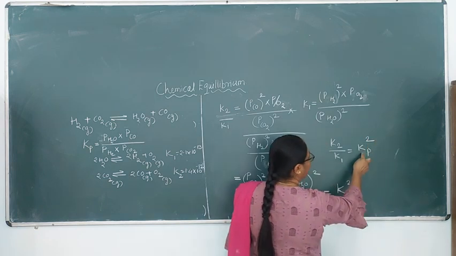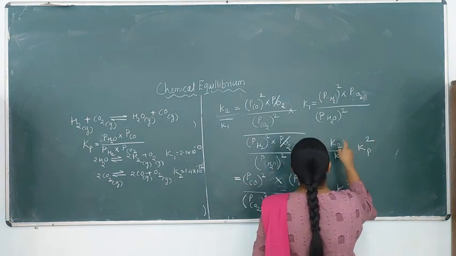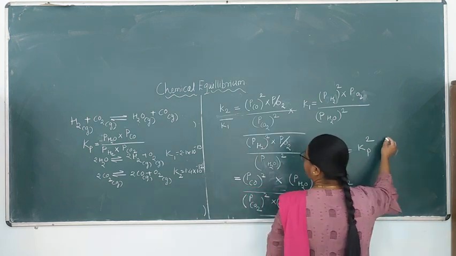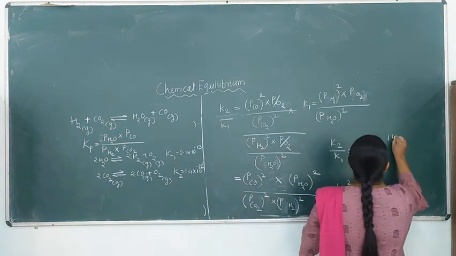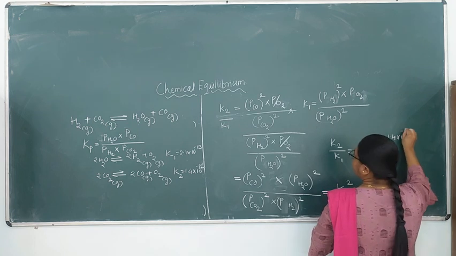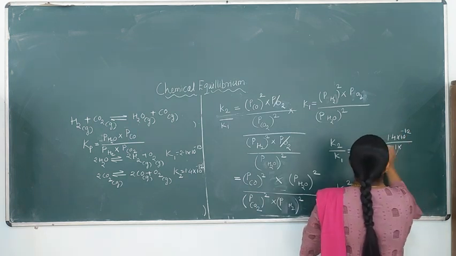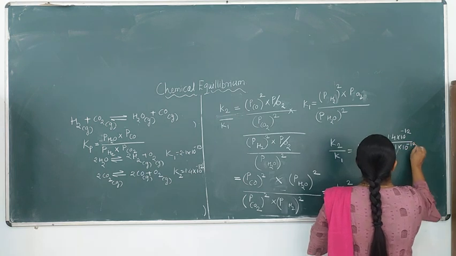Let's substitute it. K2 is 1.4 into 10 to the power minus 12 divided by 2.1 into 10 to the power minus 13.